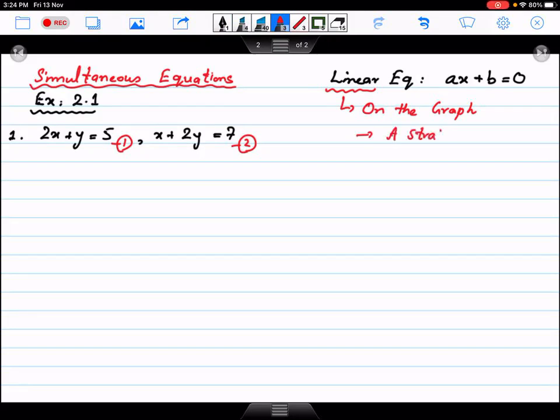That's why we call it the linear equation. A linear equation has x power 1. If the power of x is other than 1, then it is not called the linear equation, rather non-linear equation.